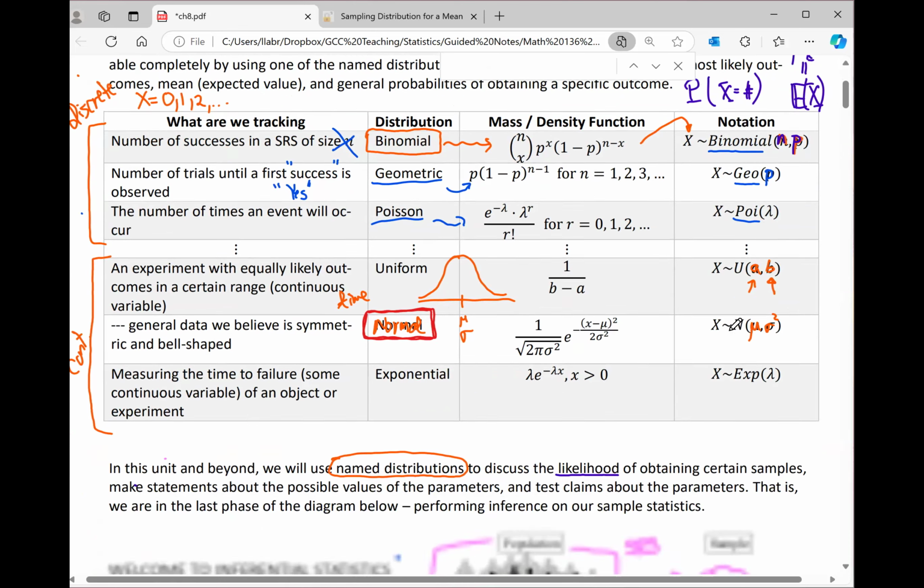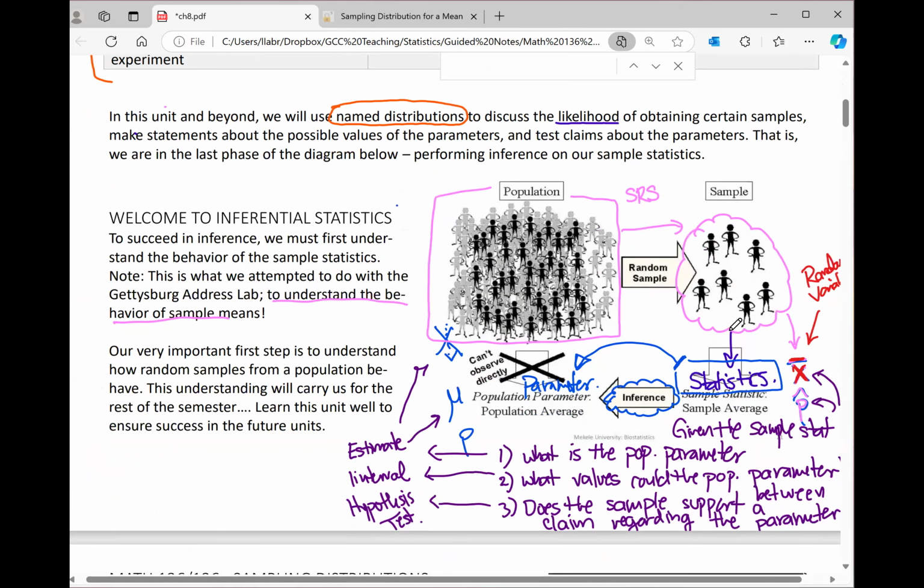All right, so hopefully you have an idea of what the rest of the class is going to entail and are kind of excited about what's going to happen, because we're going to be using everything we've learned to now describe the sample mean and sample proportion. So our first question is, what is the distribution of the sample means or sample proportions?